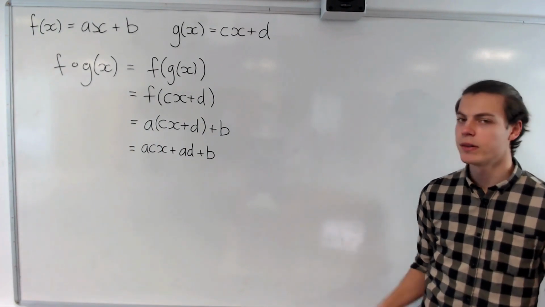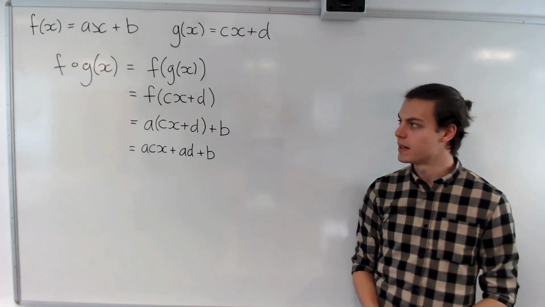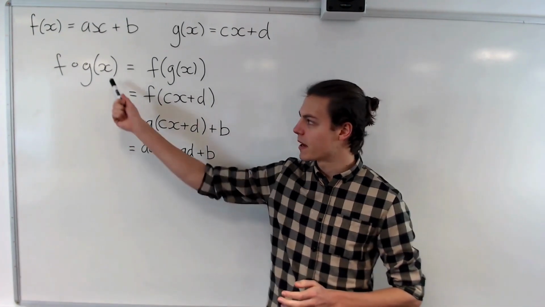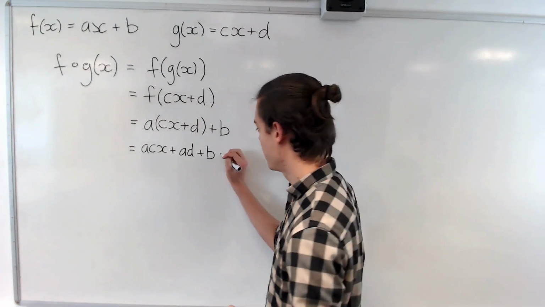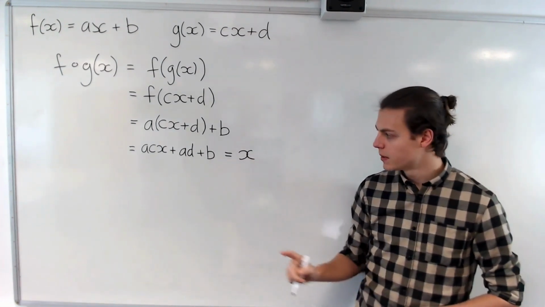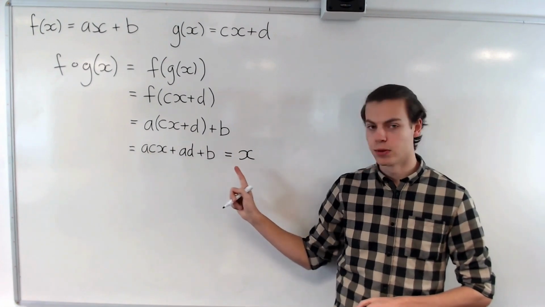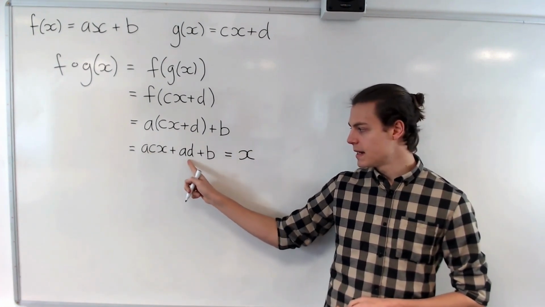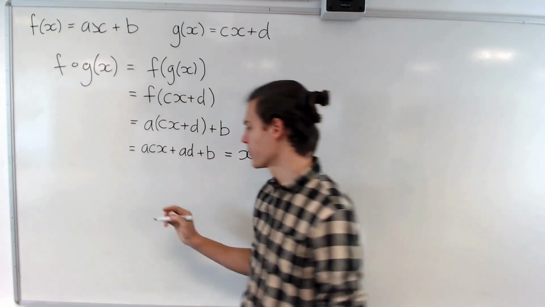Now, suppose that this composite function is in fact the identity function. So the identity function maps x to x, right? So if this were the case, then we must have ac, a times c equals 1, comparing the coefficients, and ad plus b equals 0, right?